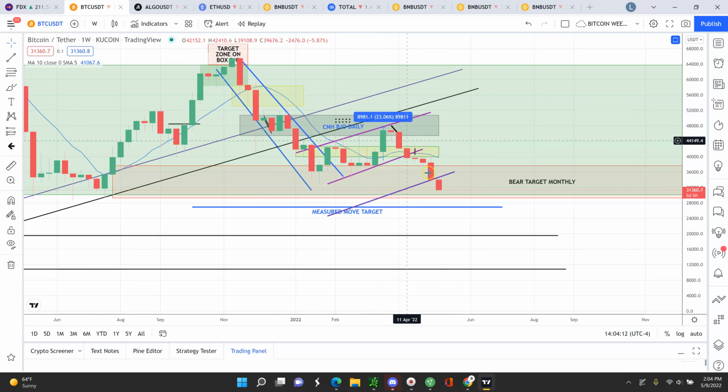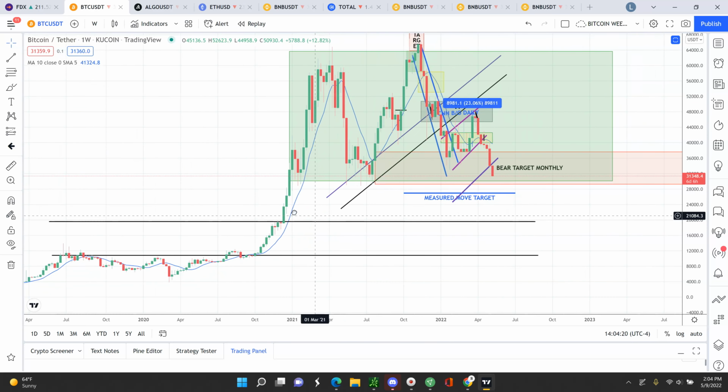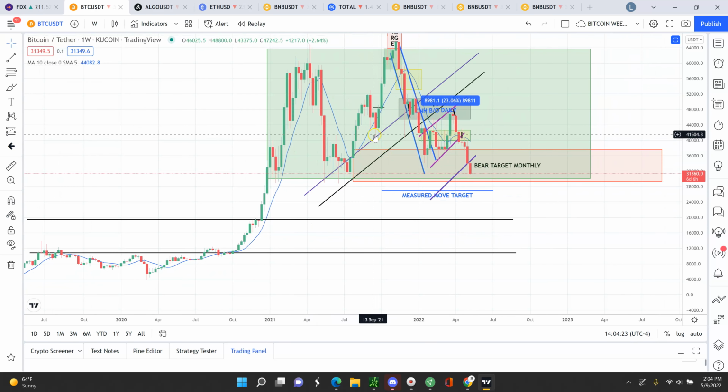So now we're in a bearish micro trend on Bitcoin, but it's still within the latest trend on Bitcoin, which has been pretty neutral. Bitcoin has been ranging pretty much from December 2020 to currently.